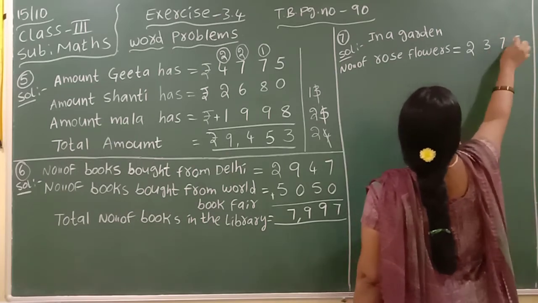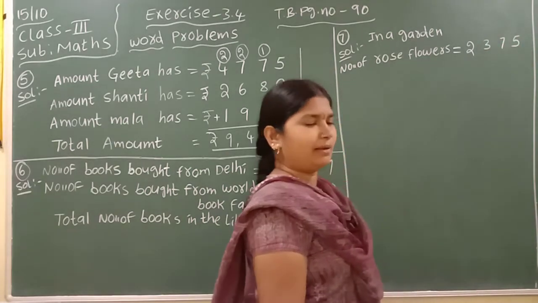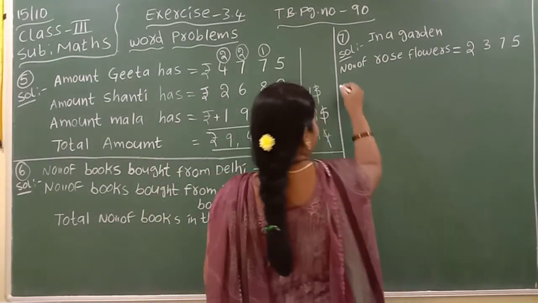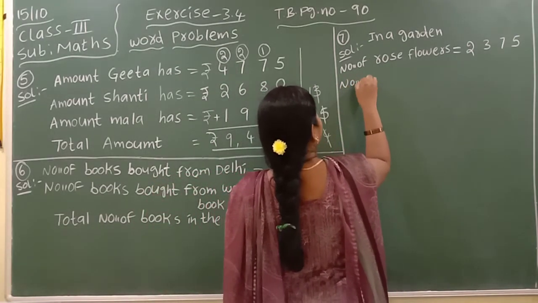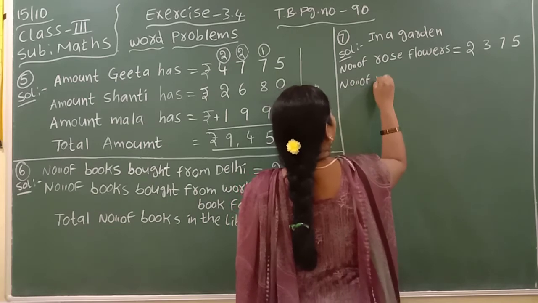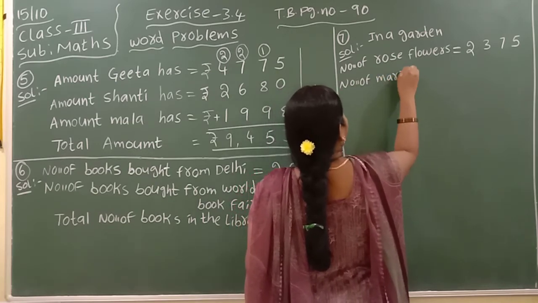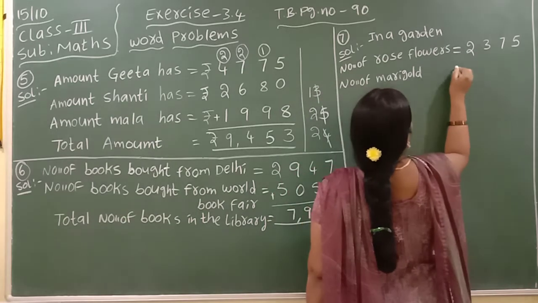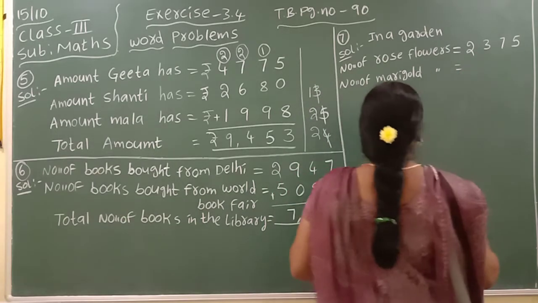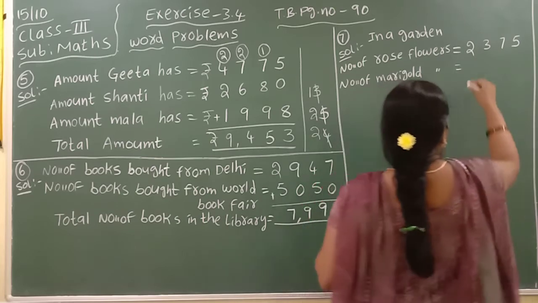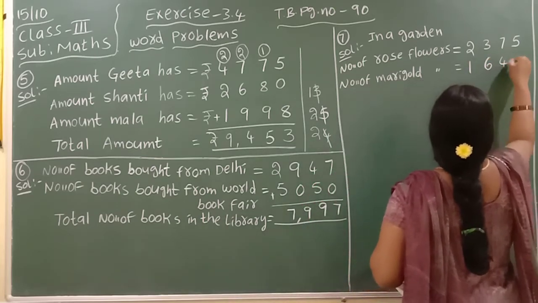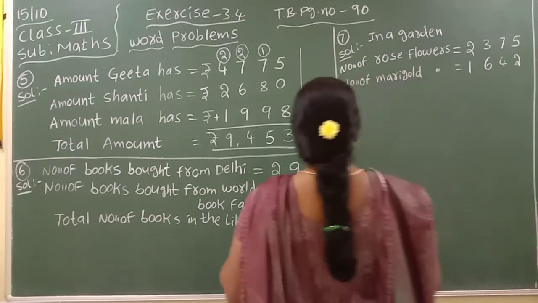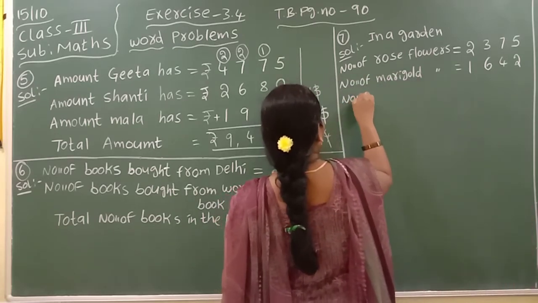Word to word, number to number, leave the finger gap. Next, number of marigold flowers. How many marigold flowers? 1642.